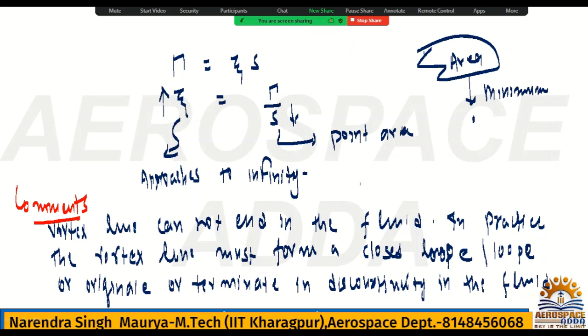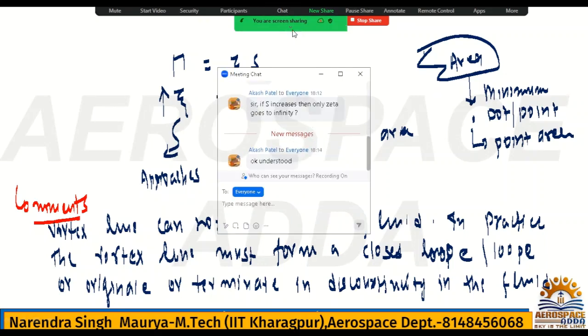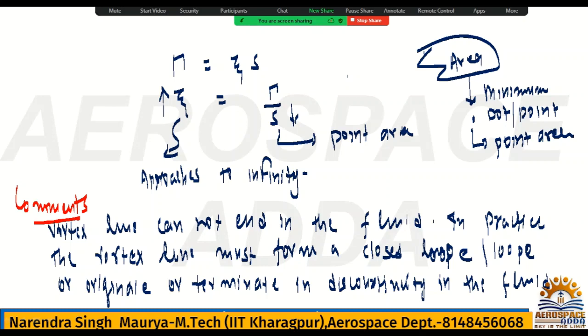Yes or no? It is shrinking up to a dot or point, then it is called point area. So if it is decreasing, then this zeta value will be increasing, and if it is approaching towards zero, that minimum possible dot, then it approaches infinite.